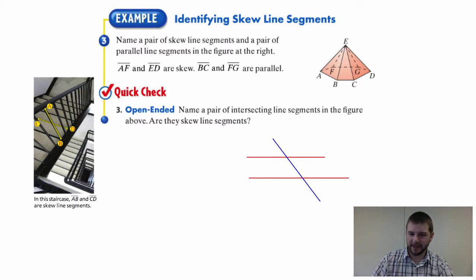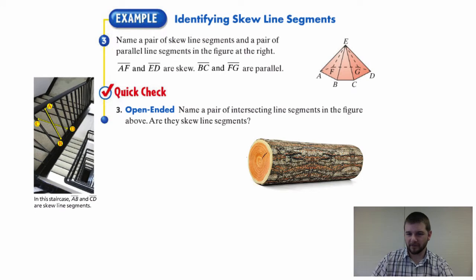But what we need to imagine in order to understand skew line segments is having line segments that are in different planes. So what if we imagine just one of those red line segments and we imagine 3-dimensional space? So rather than thinking of this as being a flat surface, think of that red line segment as like a log lying on the ground in 3-dimensional space.